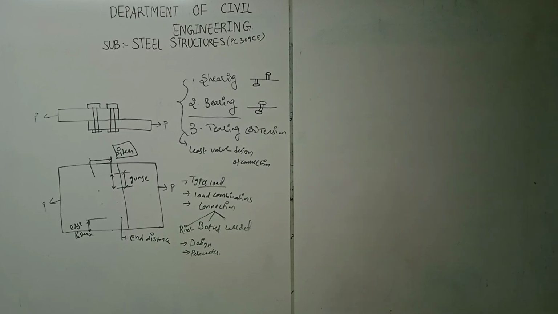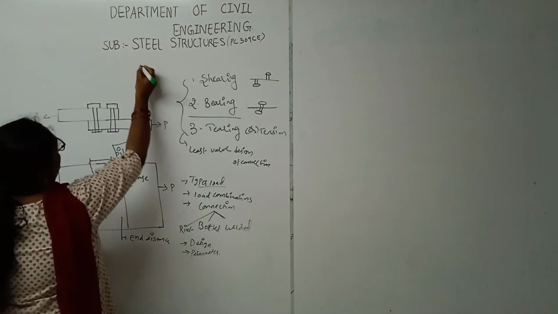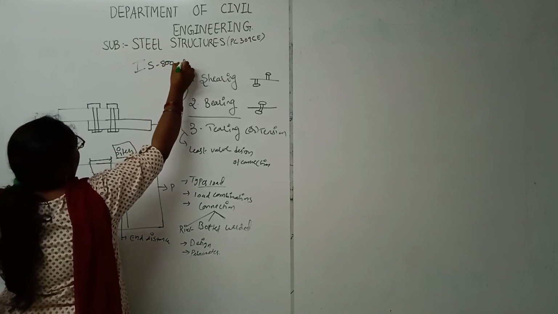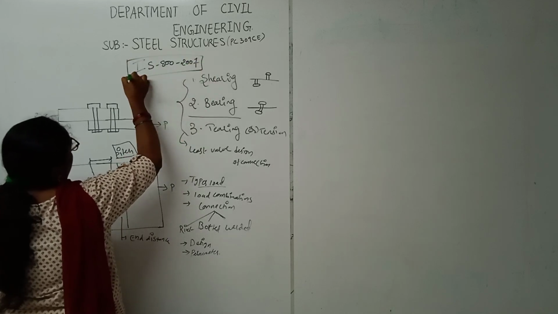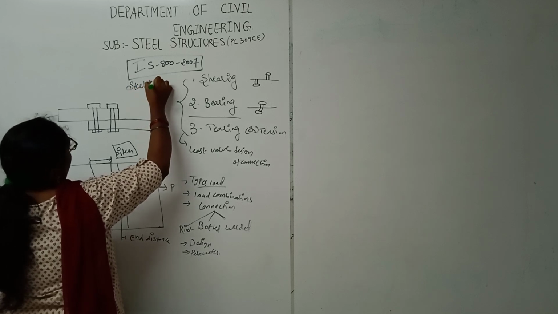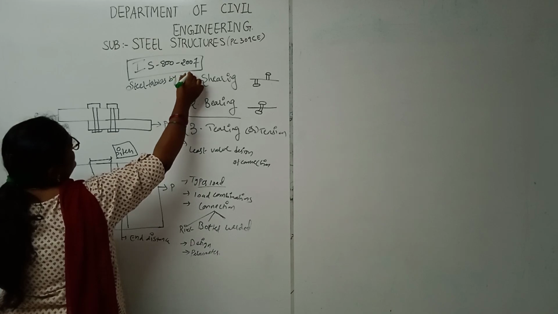So right, from next lecture kindly use the IS 800 2007 plus your steel tables by Birla Publications.